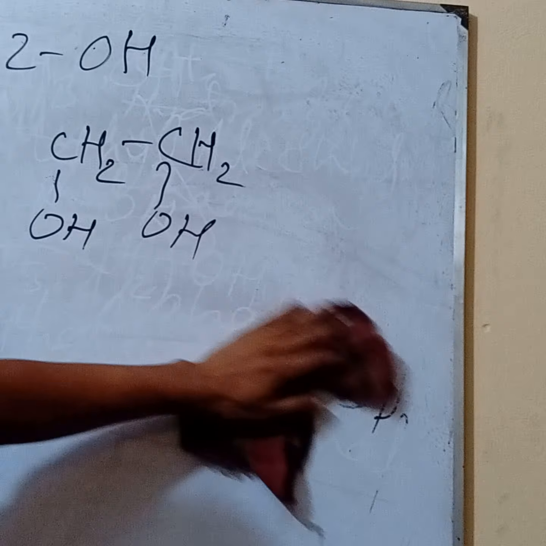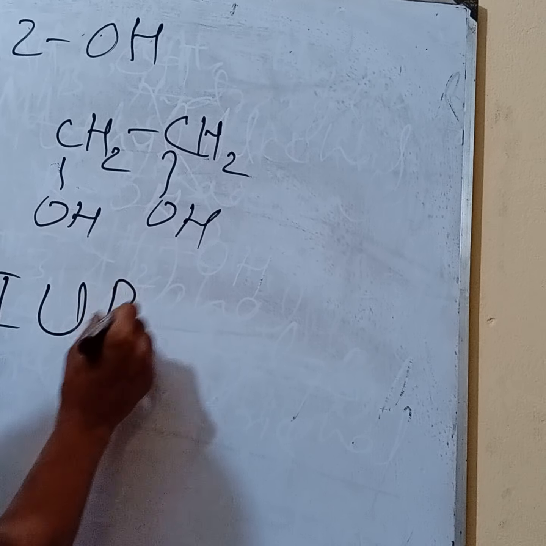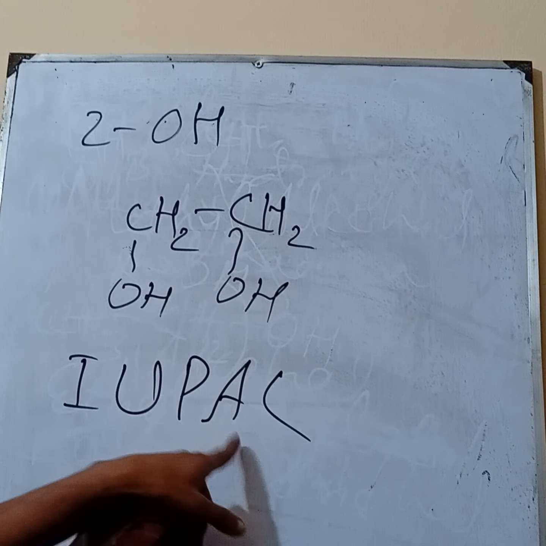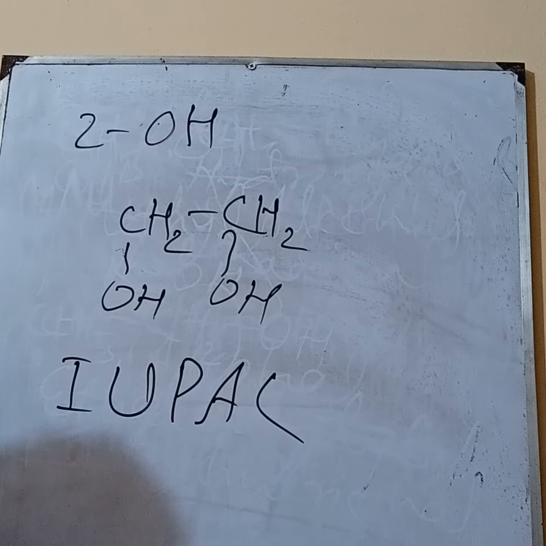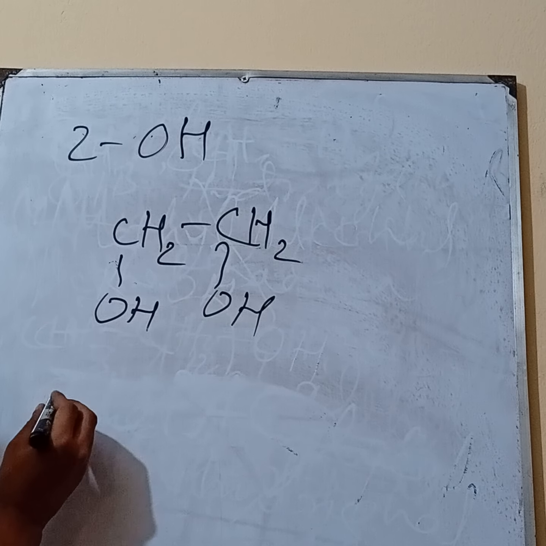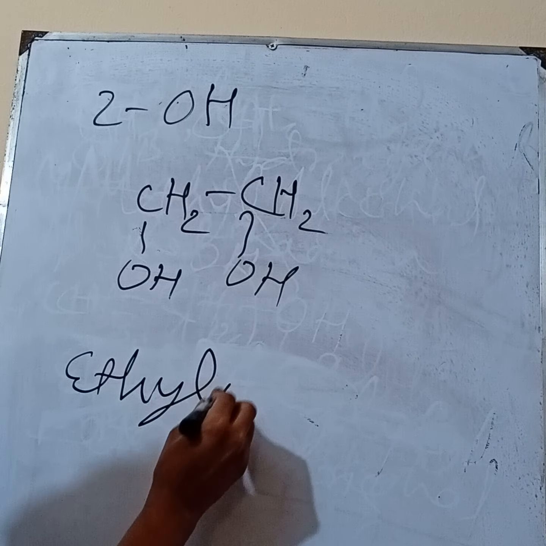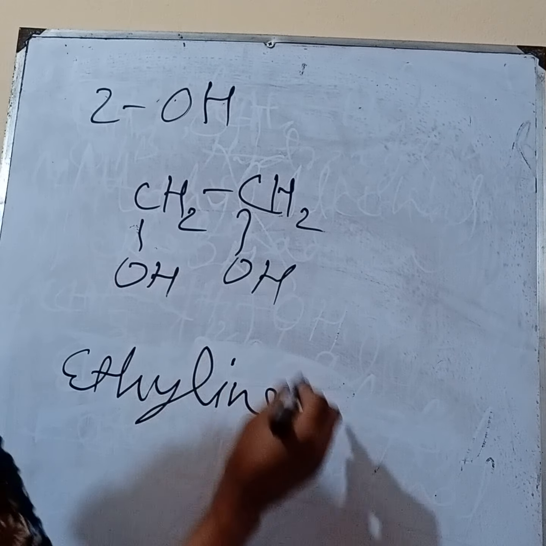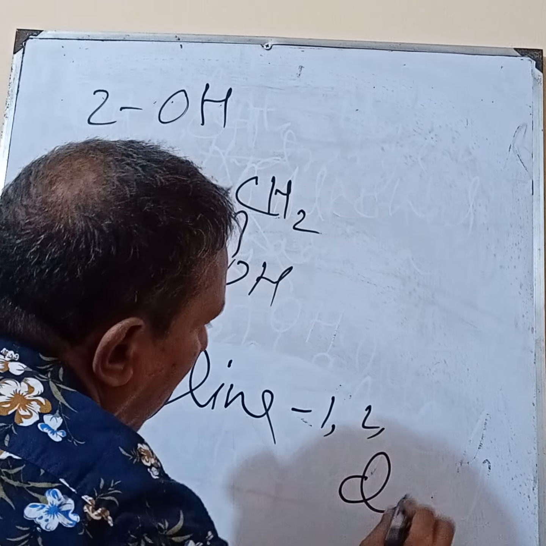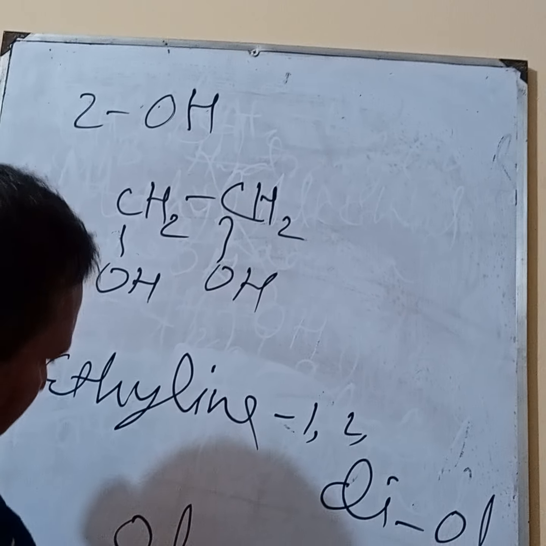We should write the IUPAC name, International Union of Pure and Applied Chemistry, nomenclature. What? Ethane-1,2-diol. All are alcohols. Common name.